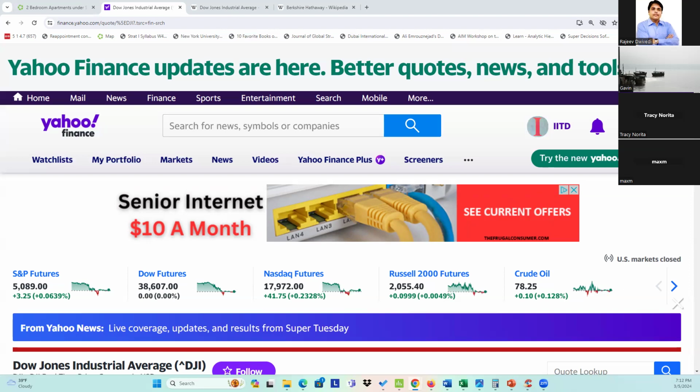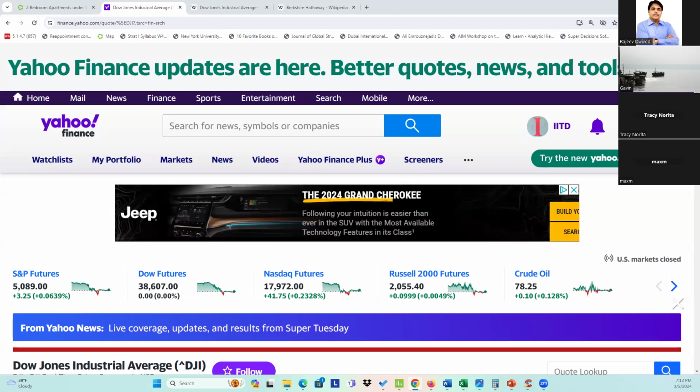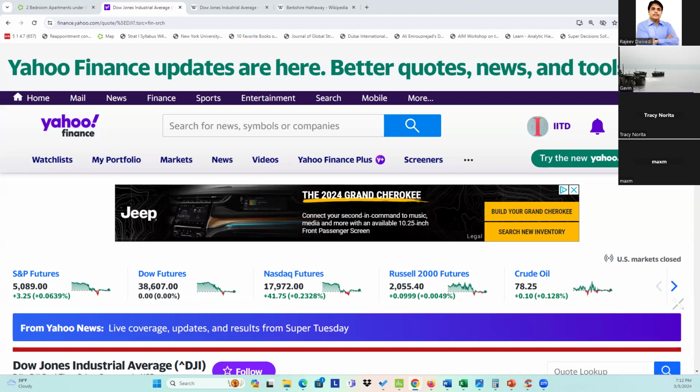Or is M 3? So 3 period center moving average for period 4. For M is 3. Okay. I think I read the formula incorrectly. All right. Thank you so much.